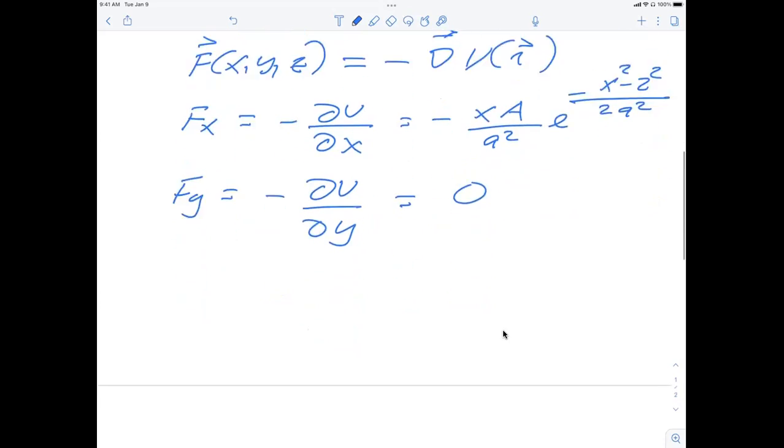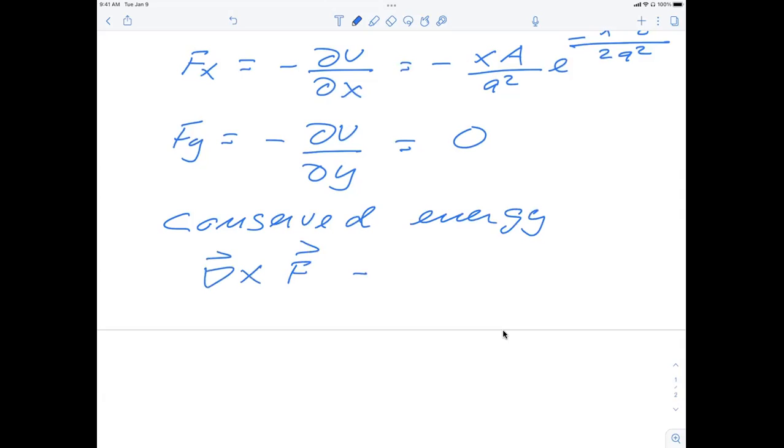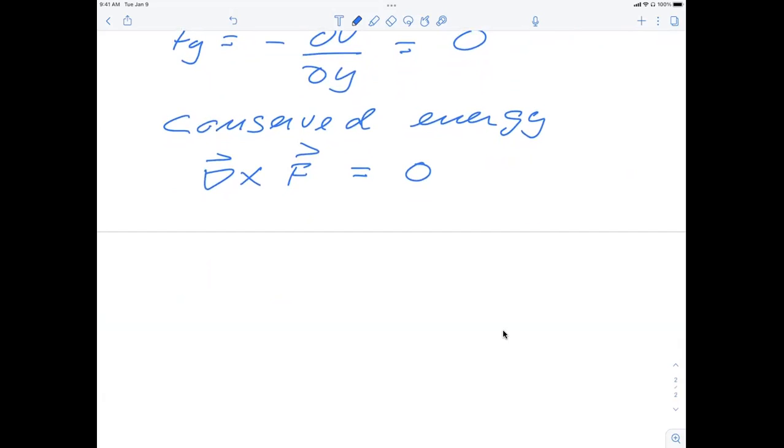To find out if energy is conserved or not, we need to find the curl of the force, and we want to show that this is equal to 0. So let me remind you of homework number 1, where we looked at the additivity of the curl.